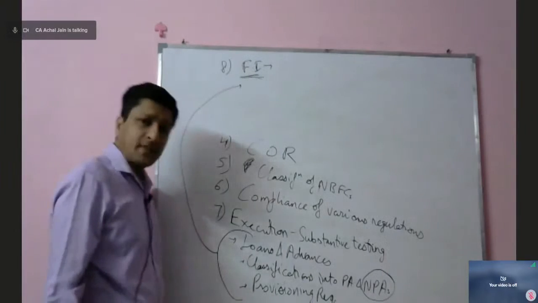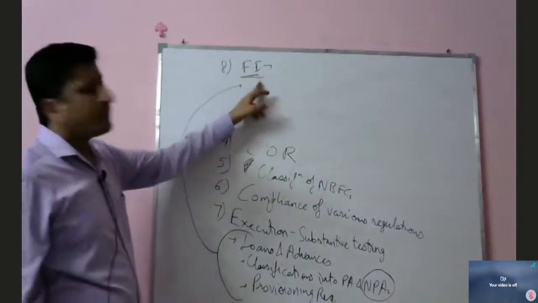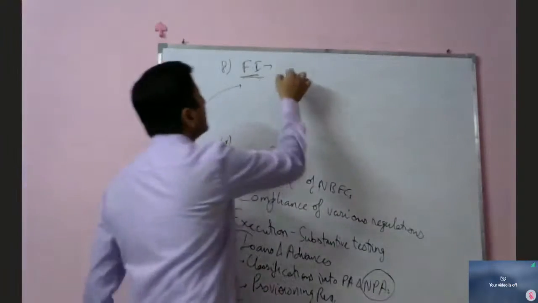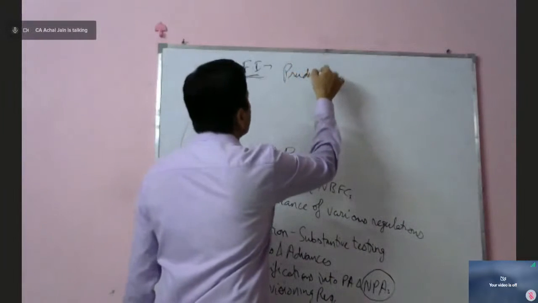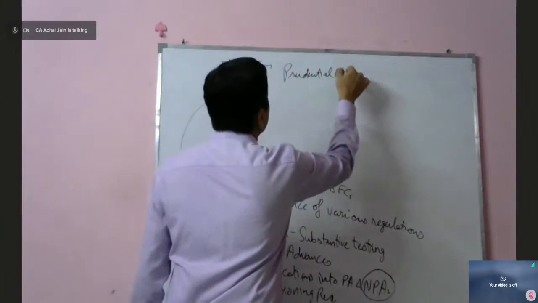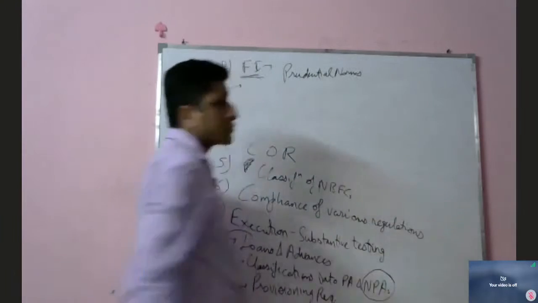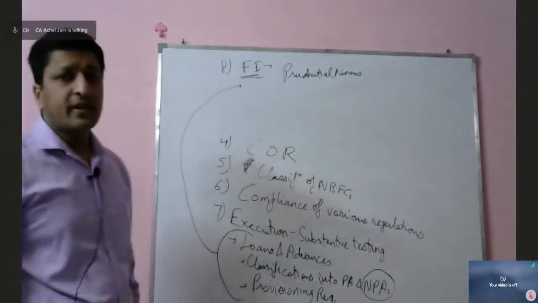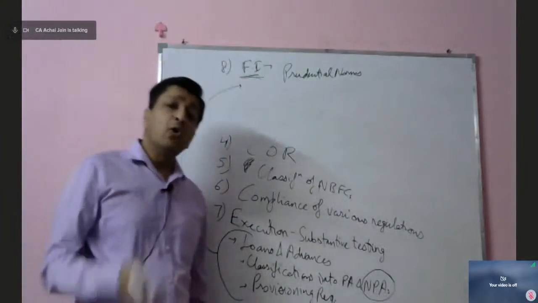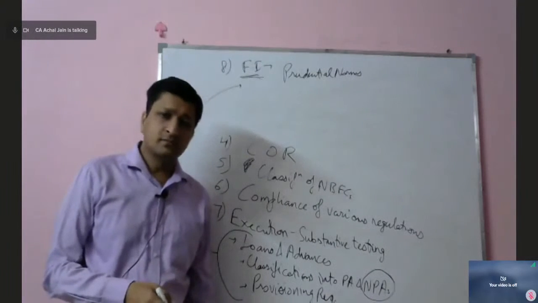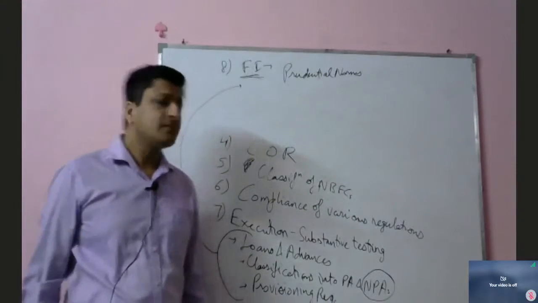Okay. Yeah. Around the financial income, we also know that there are certain prudential norms. So on that point, auditor has to be very, very careful because there should not be overbooking of income. Correct? Yeah.